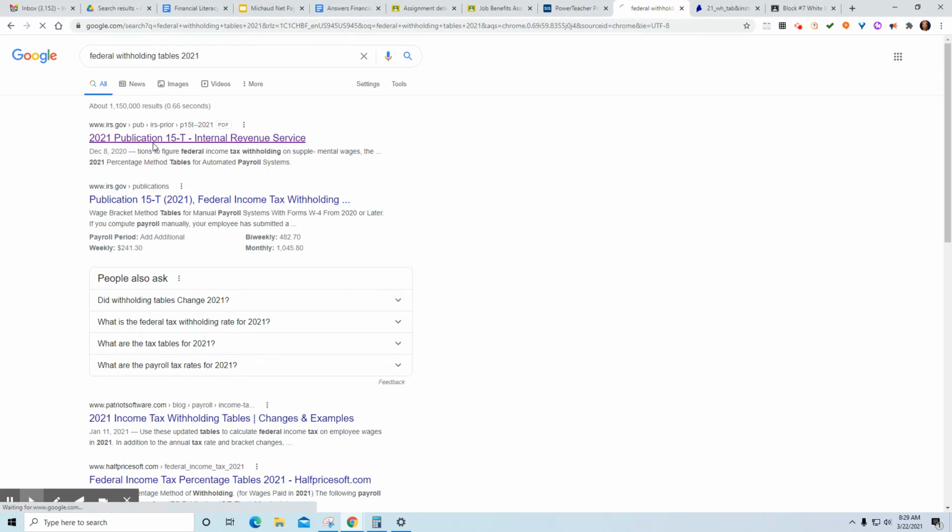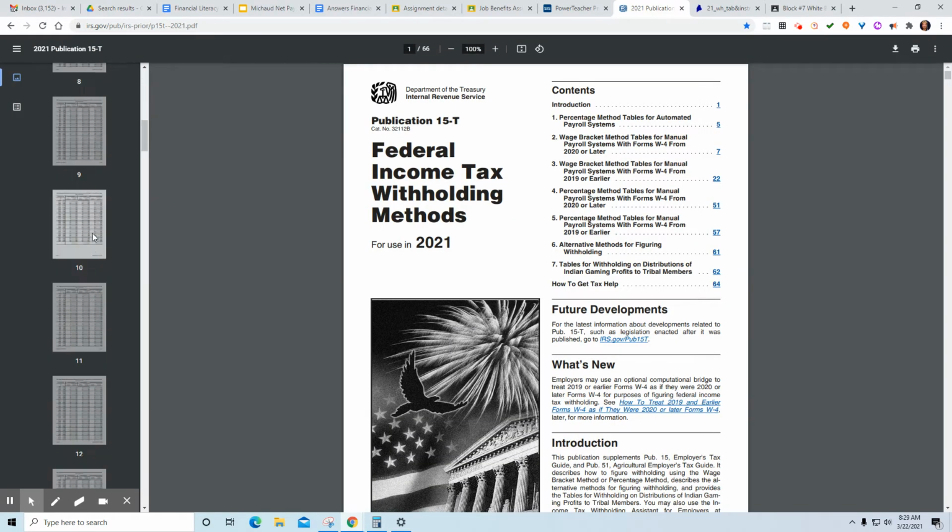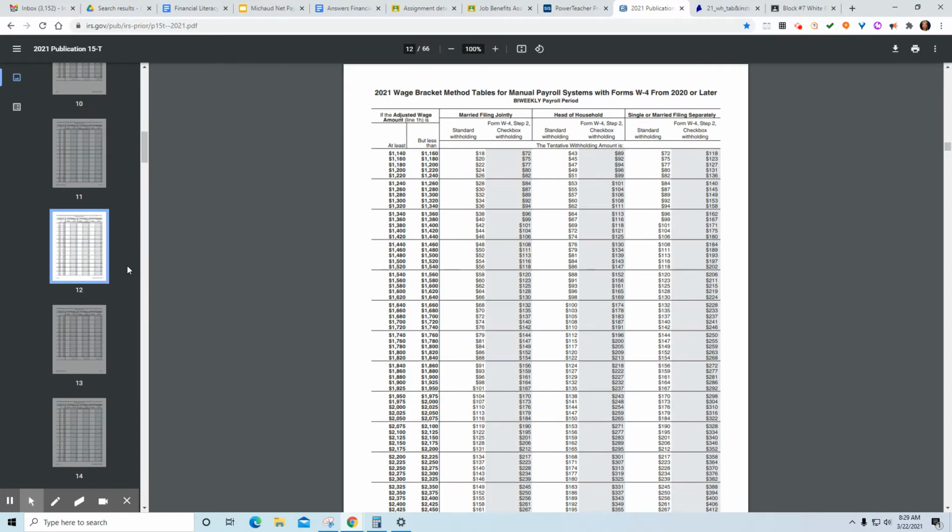It's publication 15T. We're going to go to page 12, which is the biweekly chart. And we're looking up the biweekly gross pay of $1,615.38 and the intersection of that and the single standard withholding. So it's the next to the last column.